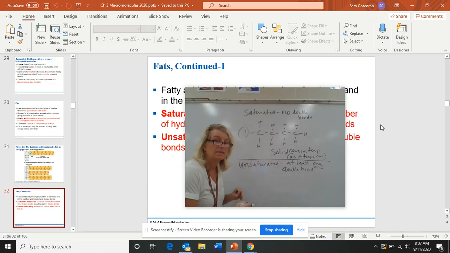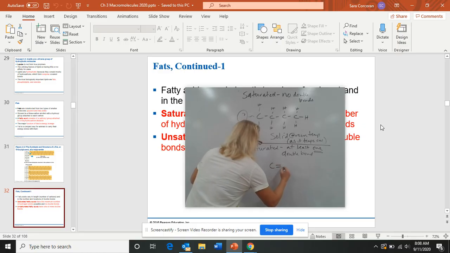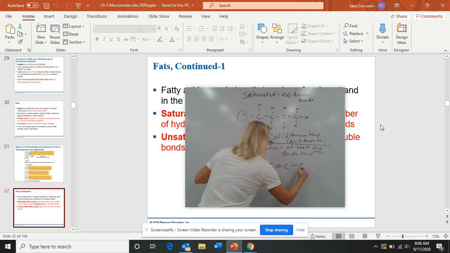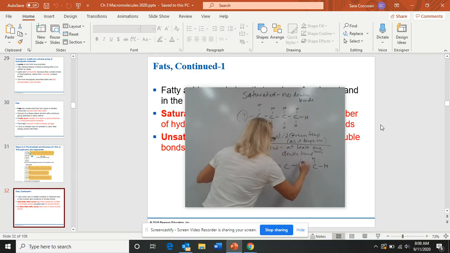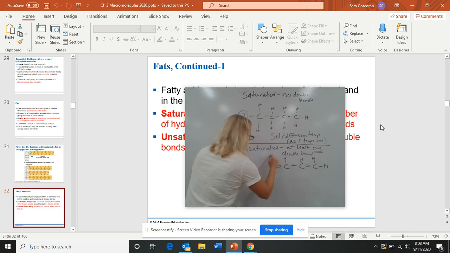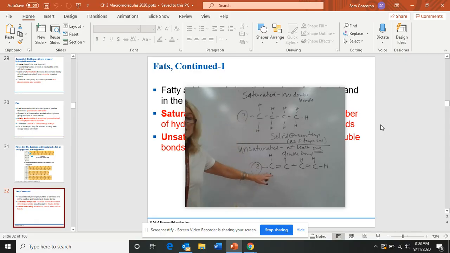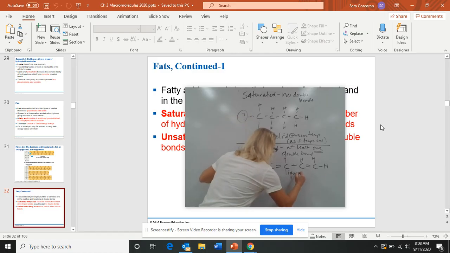So if we were to draw it, and it's some mystery molecule right there. You can see there's a huge number of differences in the number of hydrogens. In the saturated, there are more, and in the unsaturated, there are way less because of the double bonds. These are liquid at room temperature.